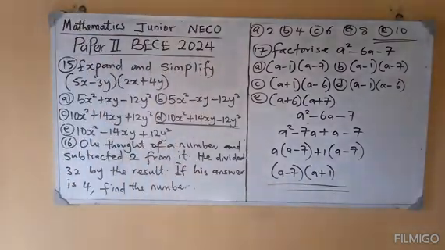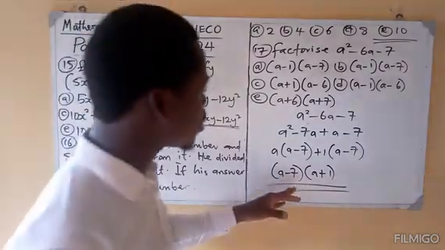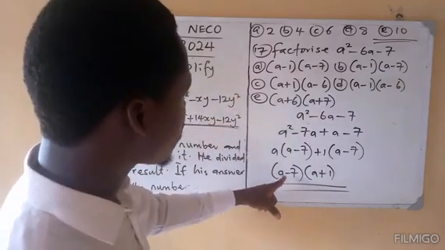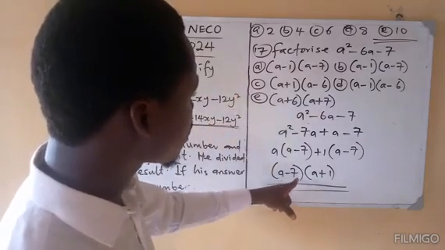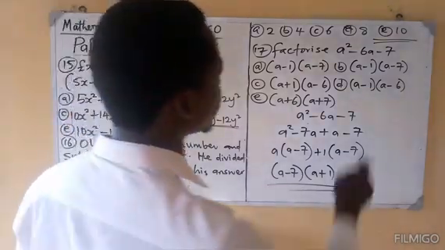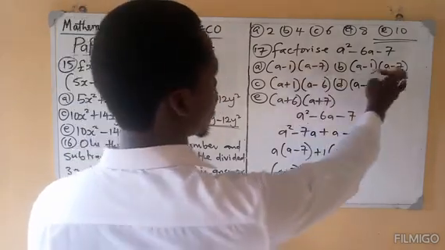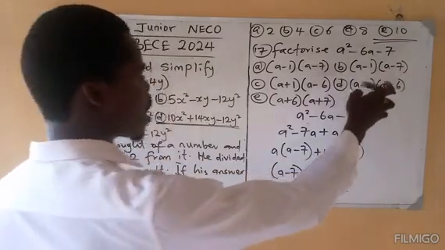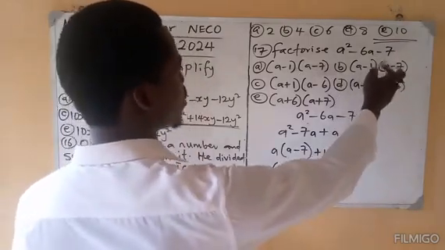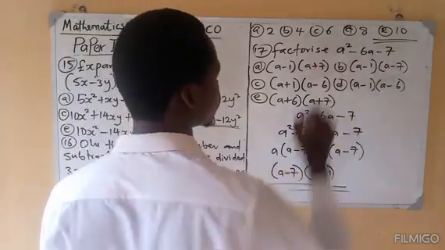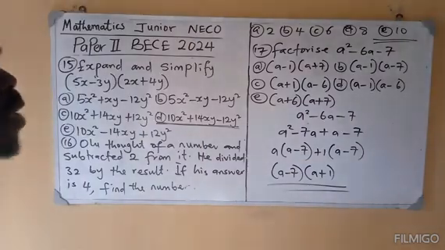So let's check it up. Which of the options is correct? That is a minus 7, a plus 1. Okay, I think there is a mix up here. One of it must be different, and that will be the one that has plus. That must be a mistake from my own side.